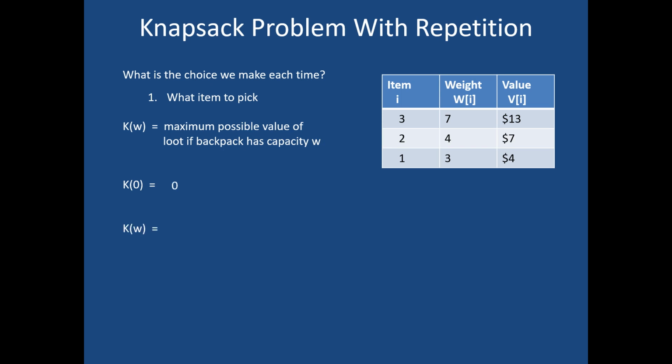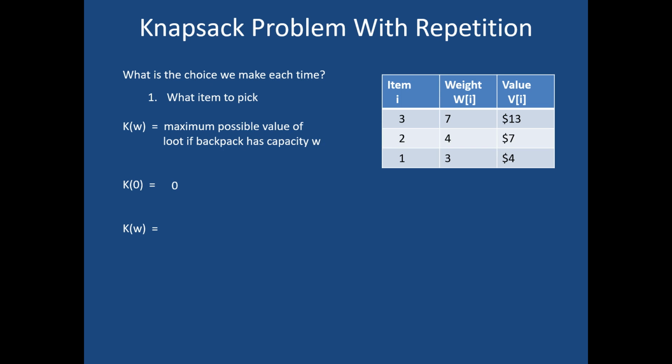What's K of W? How do we find K of W? Again, keep this idea in mind that we're taking 3 choices. So is it the value of the item you're adding plus K of W minus the weight of the item? Okay, right, exactly.